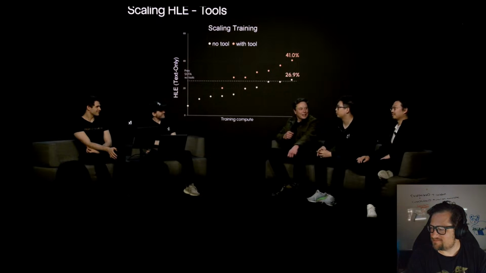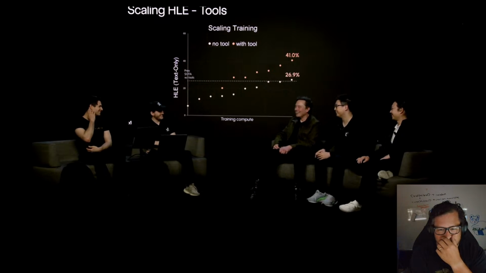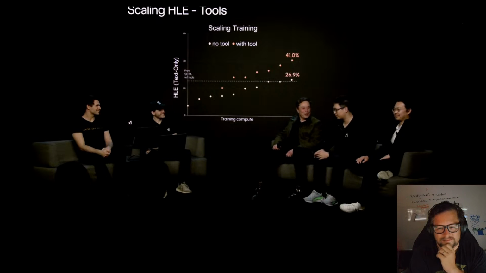Actually, I think one technical problem that we still need to solve, besides just compute, is how do we unblock the data bottleneck? When we tried to scale up the RL, we invented a lot of new techniques and innovations to figure out how to find a lot of challenging RL problems to work on.